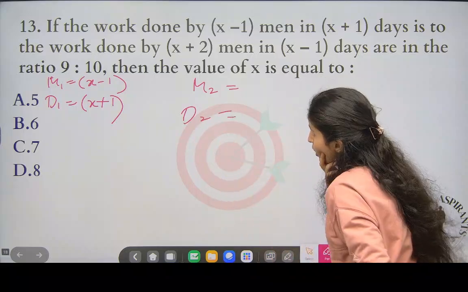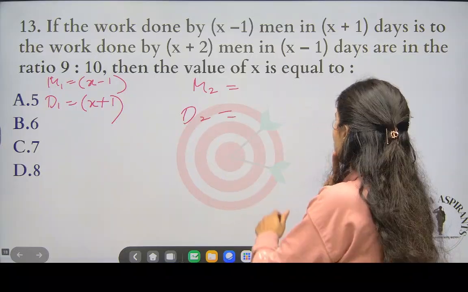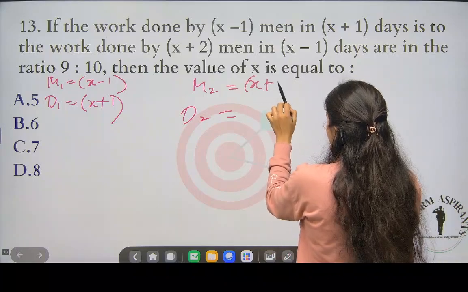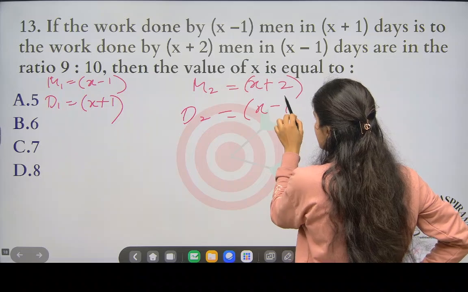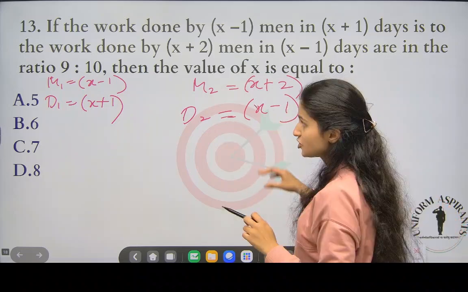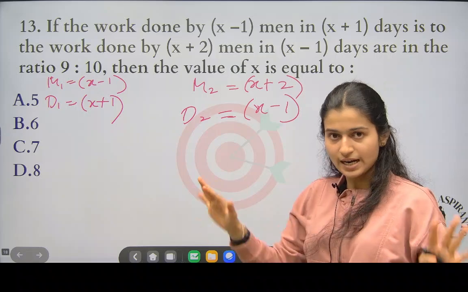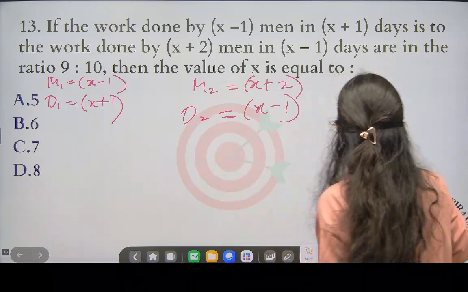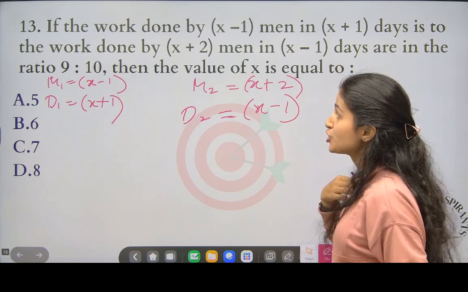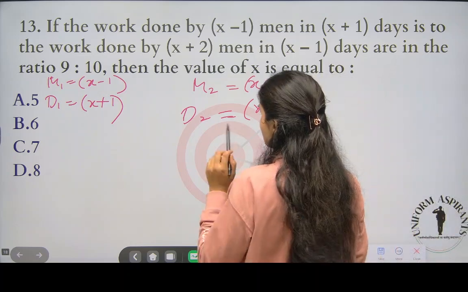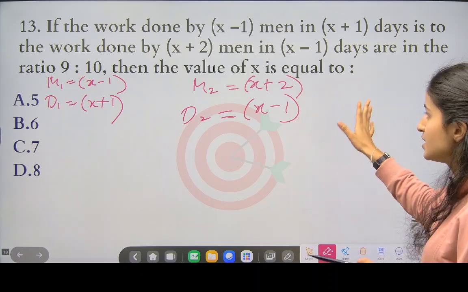Now they are saying that days is to the work done by x plus 2 men in x minus 1 days. These are the conditions given. Write it as it is. Just understand the language and apply it. Understand and apply. The work done are in the ratio 9 is to 10. Then the value of x is equal to.